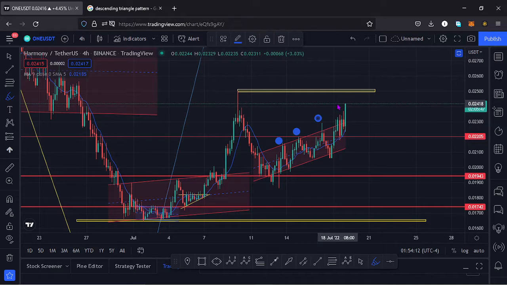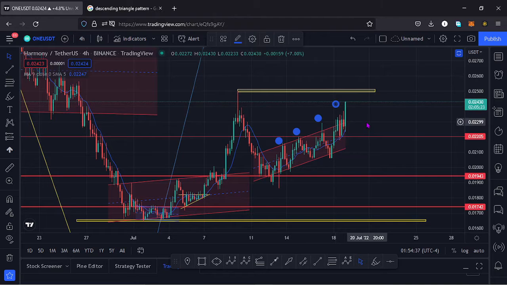Even today we might make another new high, and this indicates that the buyers are trying to push the market to the upper side, and soon we might see that breakout. Now that we have broken out of this channel and also above a key area of support, it's possible that we continue pushing to the upper side.